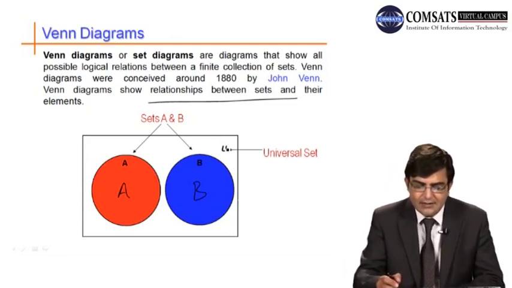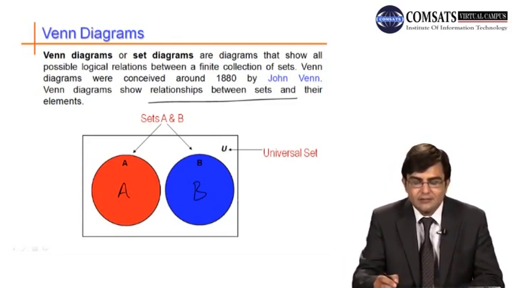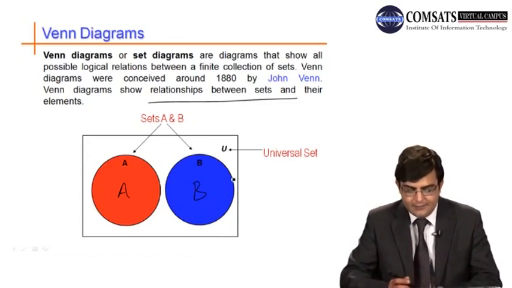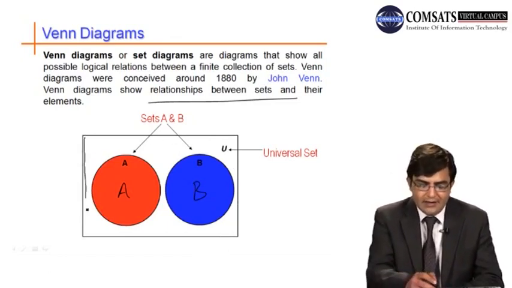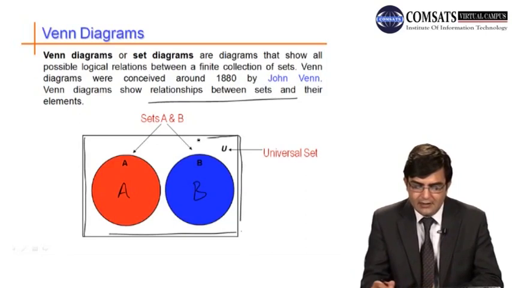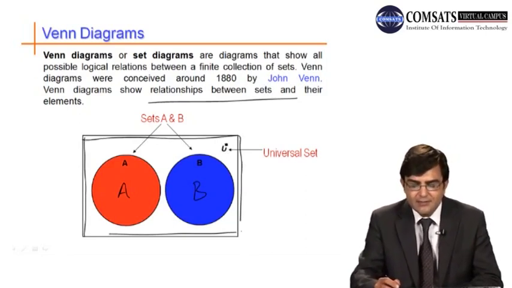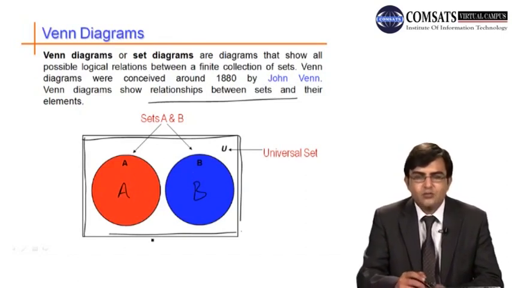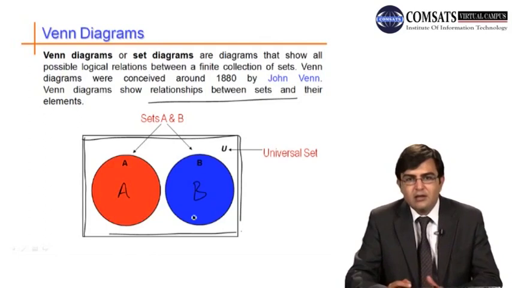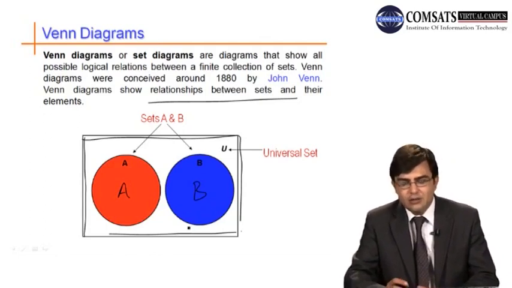This is the universal set, which contains all the sets. So in a Venn diagram we represent a square, which is basically the universal set, and the universal set contains all other sets which are under discussion or on which we have to define the operations.